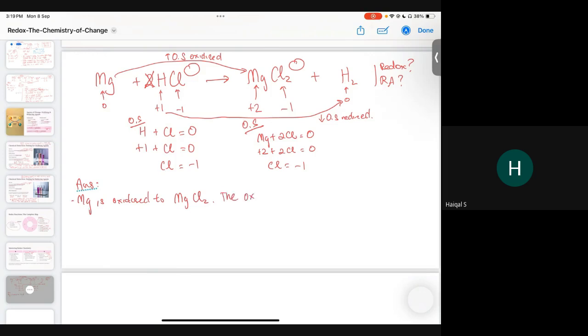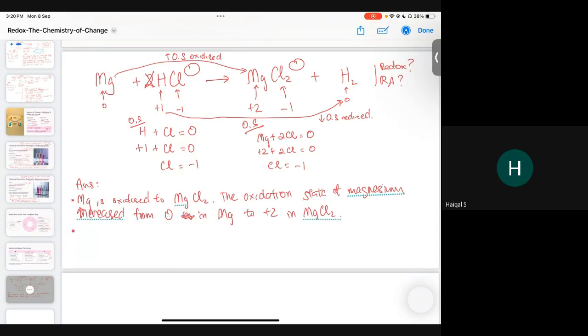The oxidation state of magnesium increased from 0 in Mg to +2 in MgCl2. Okay, so that's the first one.